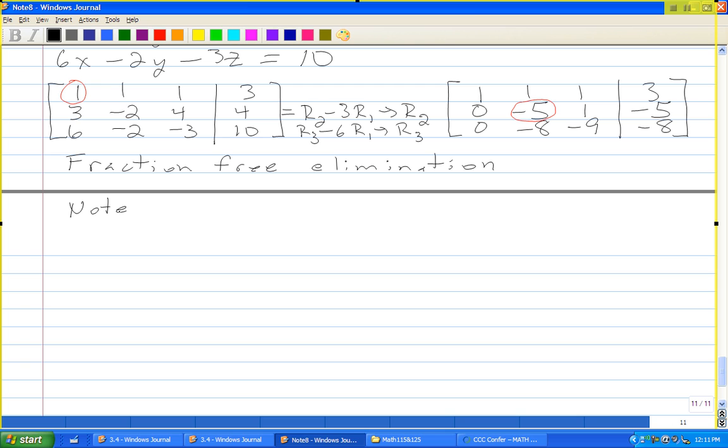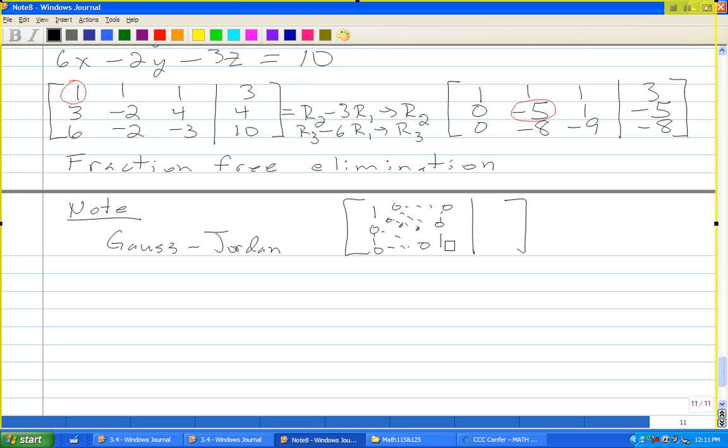So note, for Gauss-Jordan, we want to make all of these zeros, and you want to make everything along here ones or possibly zeros.